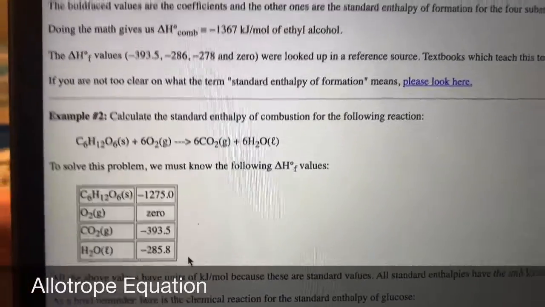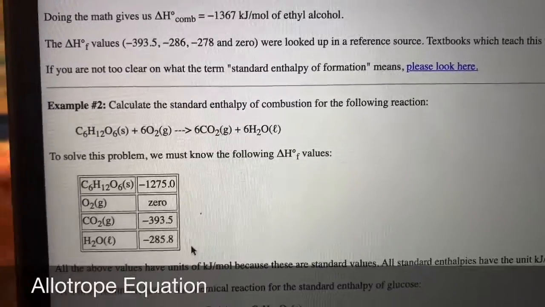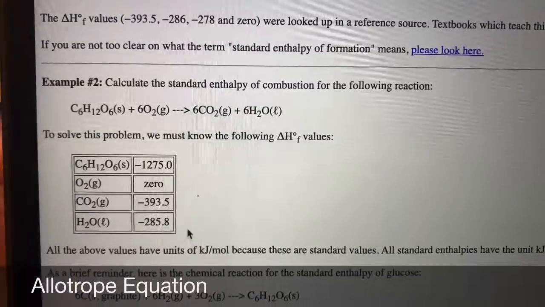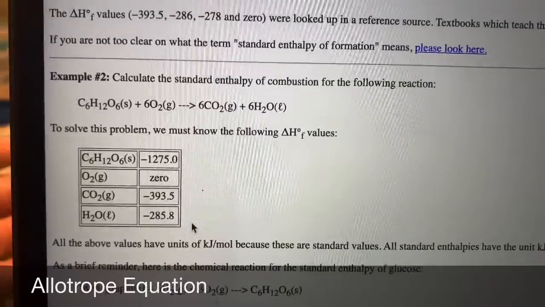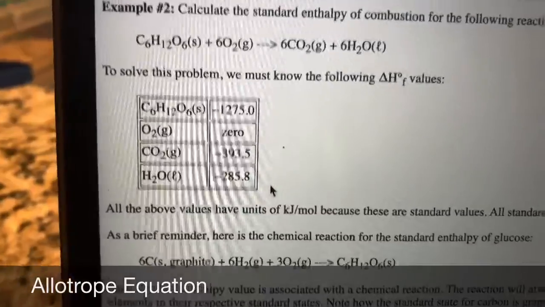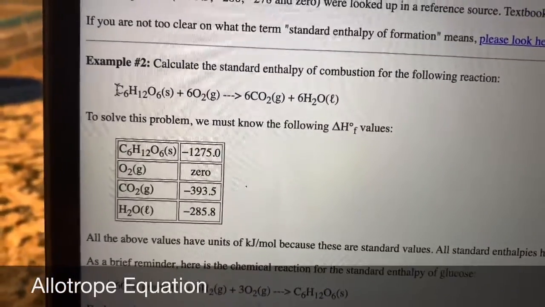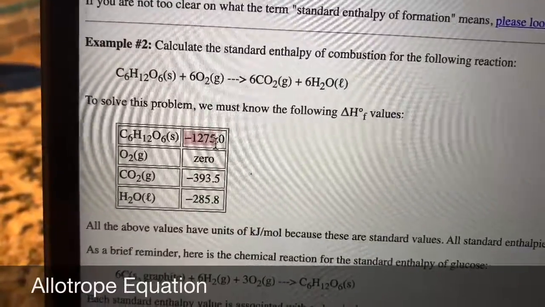First, before solving a standard enthalpy of combustion problem, you're going to need to figure out the values of each compound, because without them you won't get the answer that you need. Here they're given, because they'll always be given. So the C6H12O6 is equal to negative 1,275.